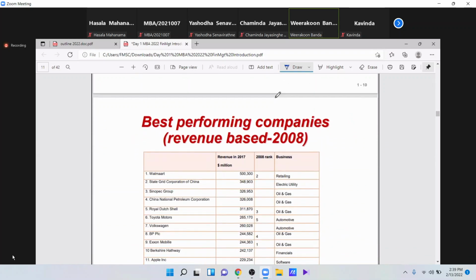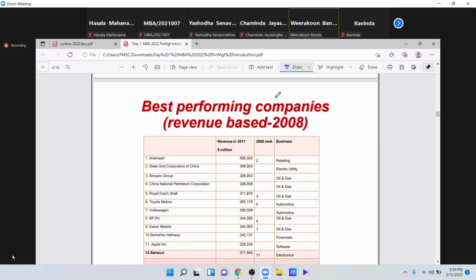Then, concerning best performing companies, there are different indicators and criteria. In most cases, the best performing companies are measured based on their revenue and income level. Here it indicates the best performing companies in the world in 2017 compared with 2008, and their businesses. Walmart had the top revenues in 2017.